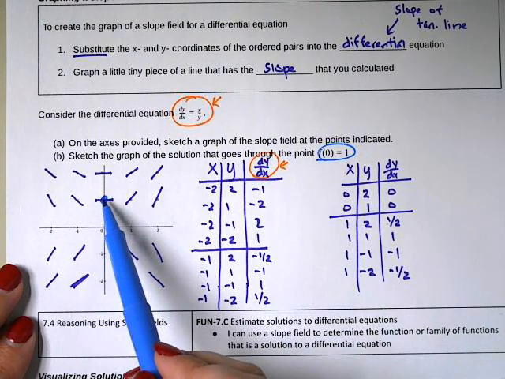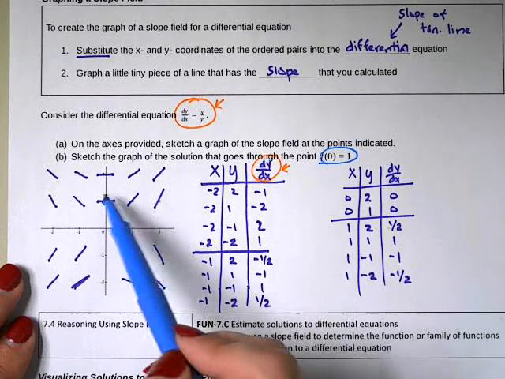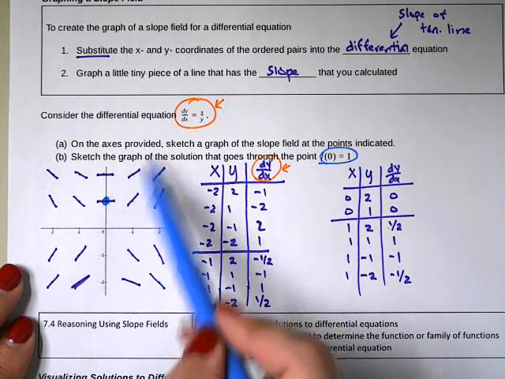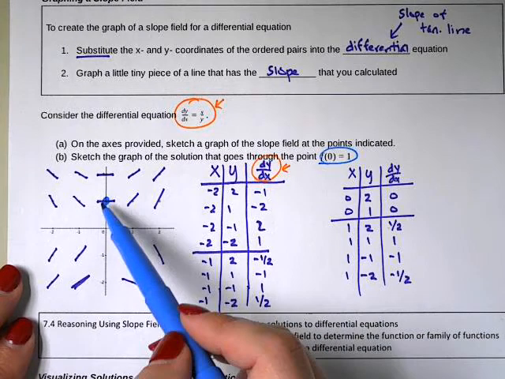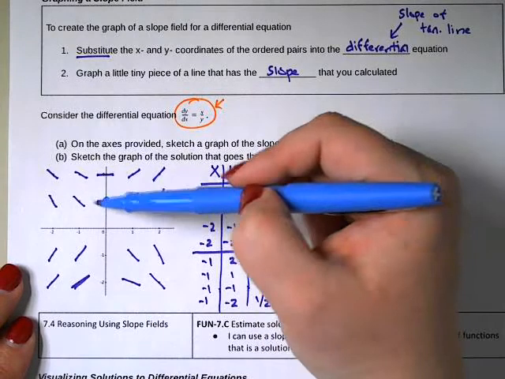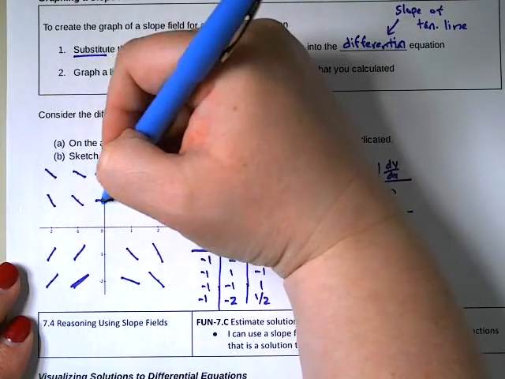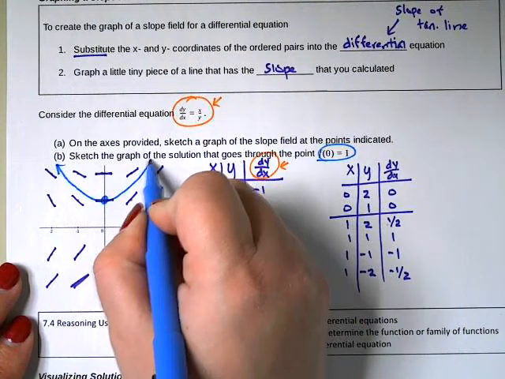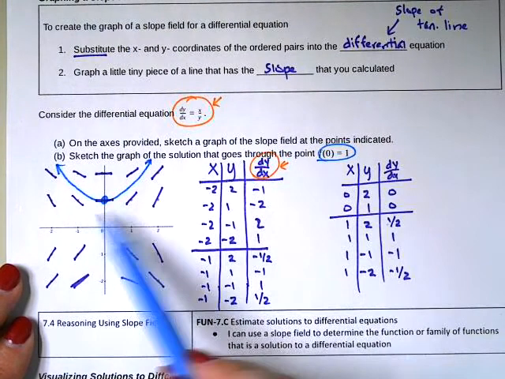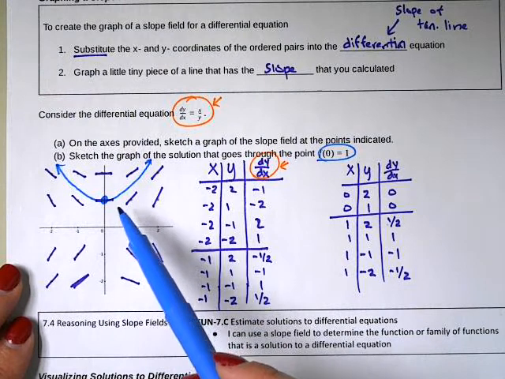With this being a slope of 0, this tells me that this is going to be a minimum, because from here we're going to need to draw the curve going up on both sides, which tells us this point right in the middle is kind of the minimum of it. Don't overthink it, just kind of follow what's going on in your slope field.